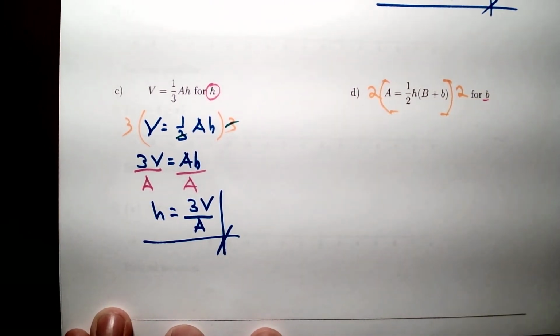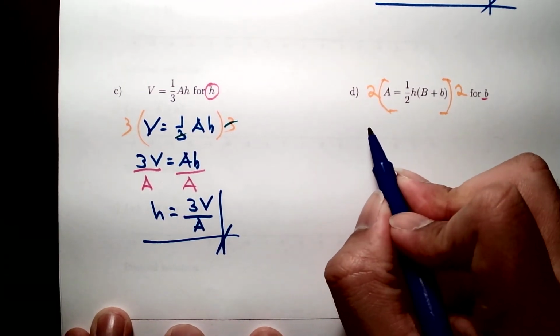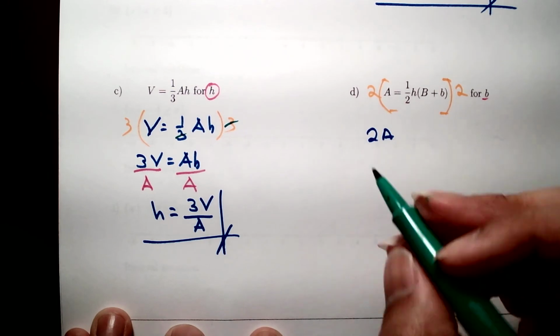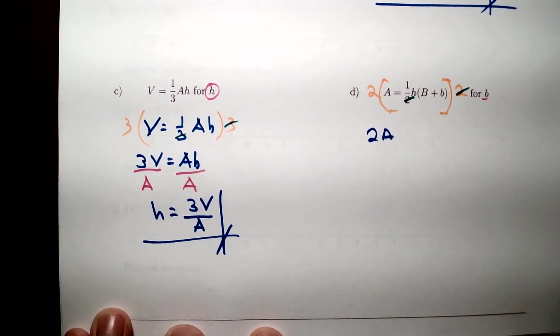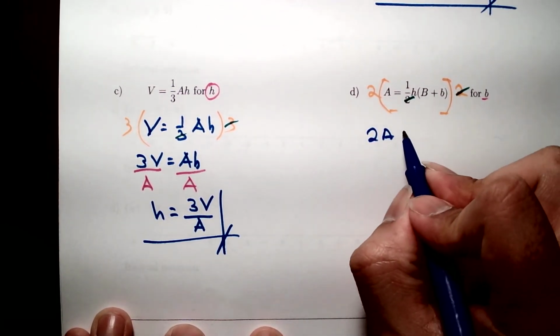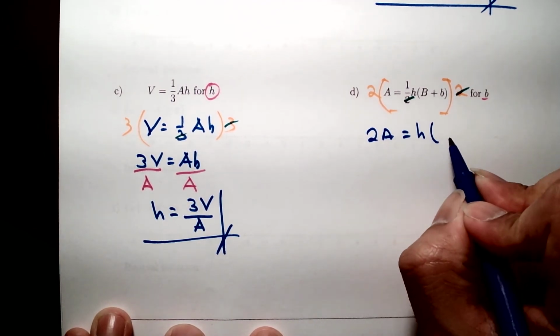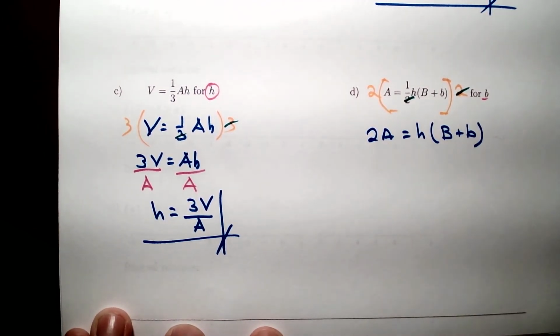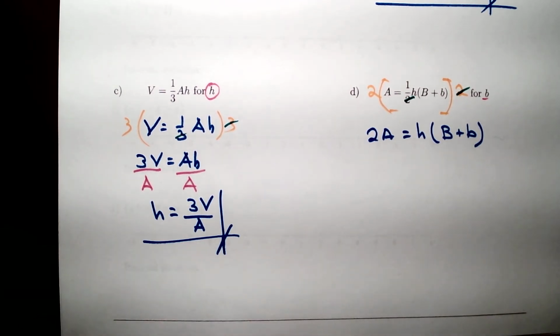So that's going to give us 2 times A, which is 2A. And notice how these 2's are going to cancel, leaving us with h times the quantity big B plus little b. There's a few ways to go about this problem.